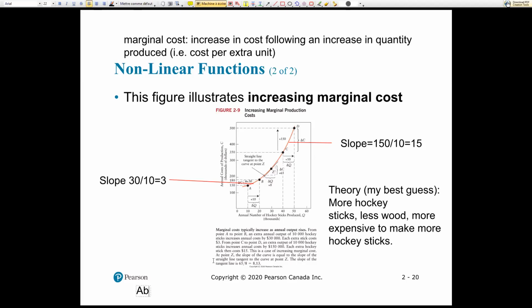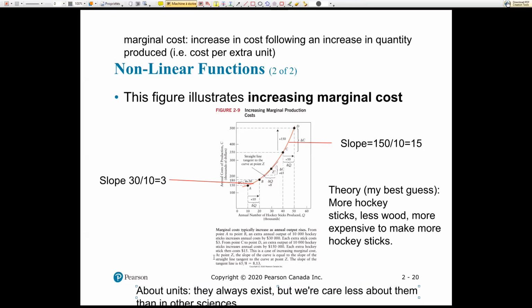So about units, they always exist. But we care less about them than in other sciences, for instance.